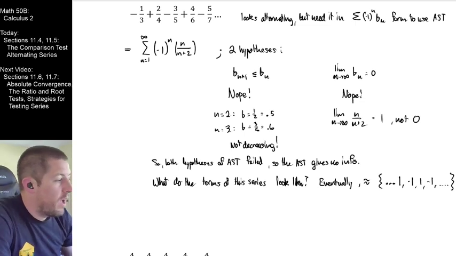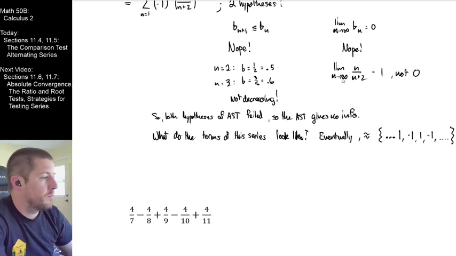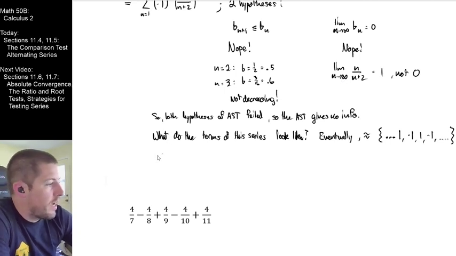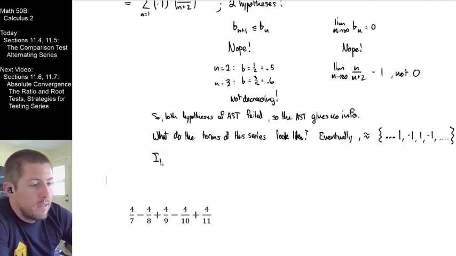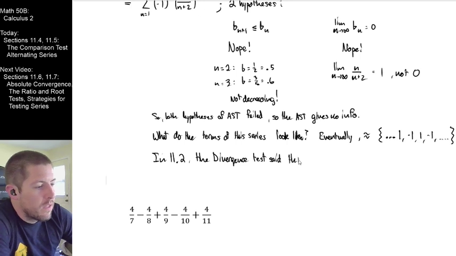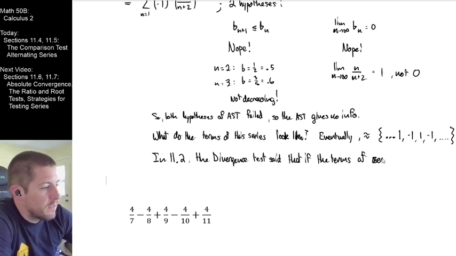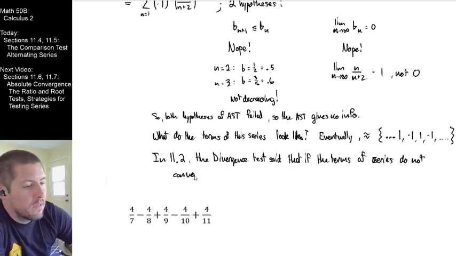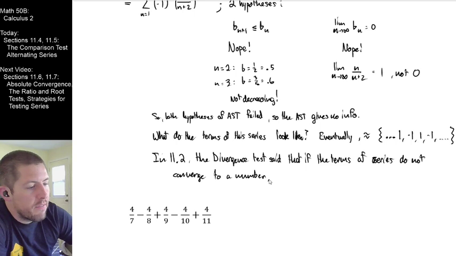And if you recall, in 11.2, the divergence test said that if the terms of a series do not converge to a number, the series diverges.